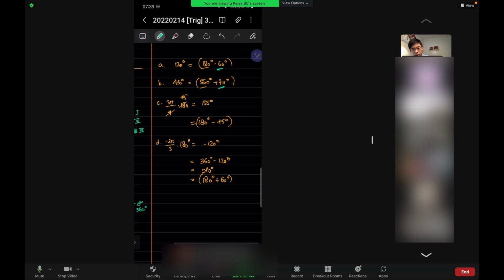Okay, so it's matched with what is in the book. And then acute angle made with x-axis pi divided by 4. The minus and the plus doesn't affect the final answer. So 180 minus 45 is acute angle made with x-axis pi over 4. Pi over 4 is 45. And then the last one, acute angle made with x-axis pi over 3.